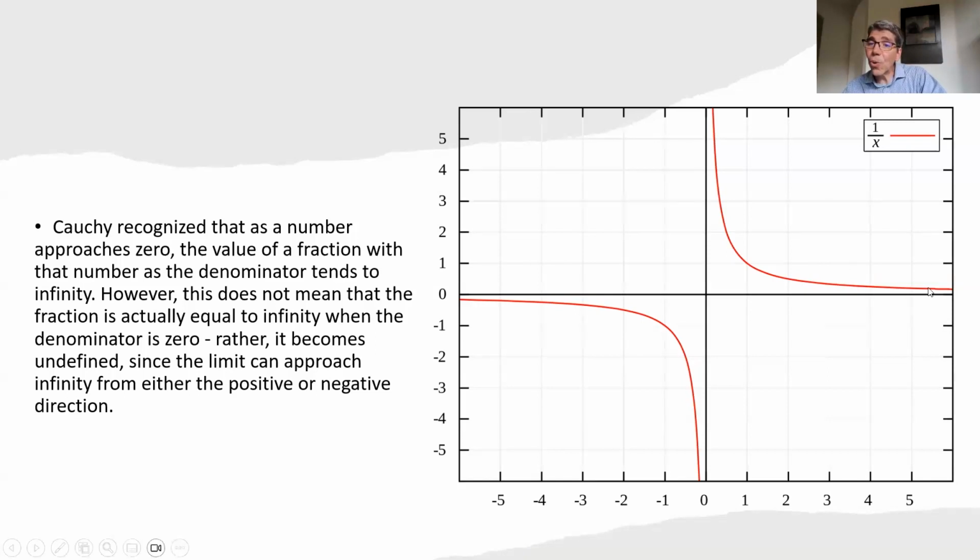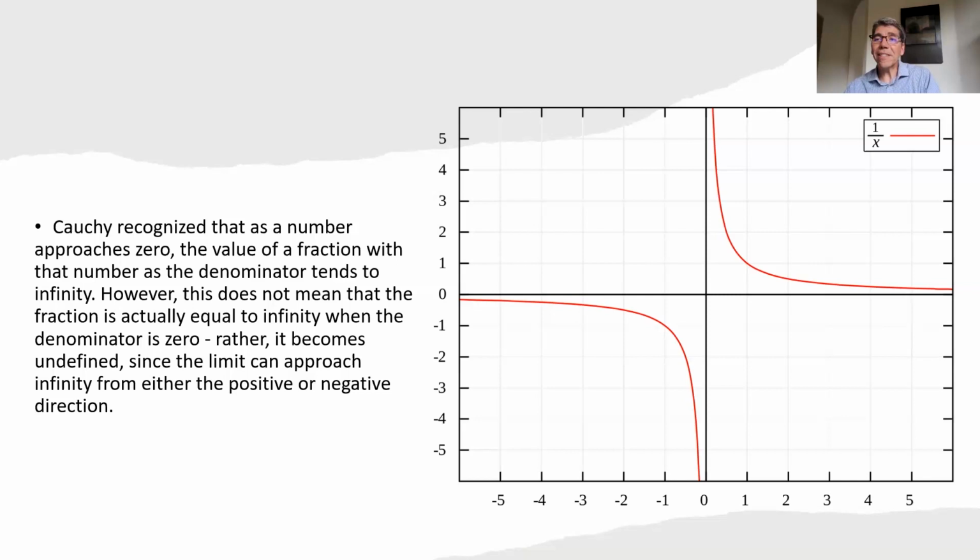So as x grows to infinity, the fraction is going to get closer and closer to 0. But if I do the same thing with negative numbers, the solution is going to be the same, but it's going to go towards minus infinity, okay?